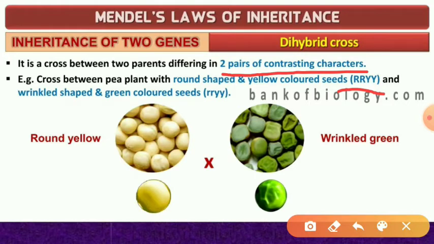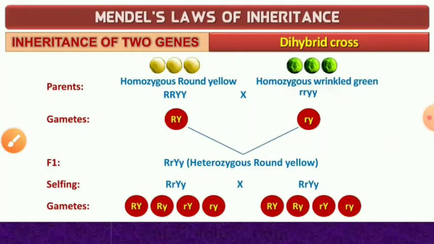Now can you see the round and yellow colored seed? Here is the other opposite character, wrinkled and green. So when we cross them, what may be the result? This is actually a dihybrid cross.